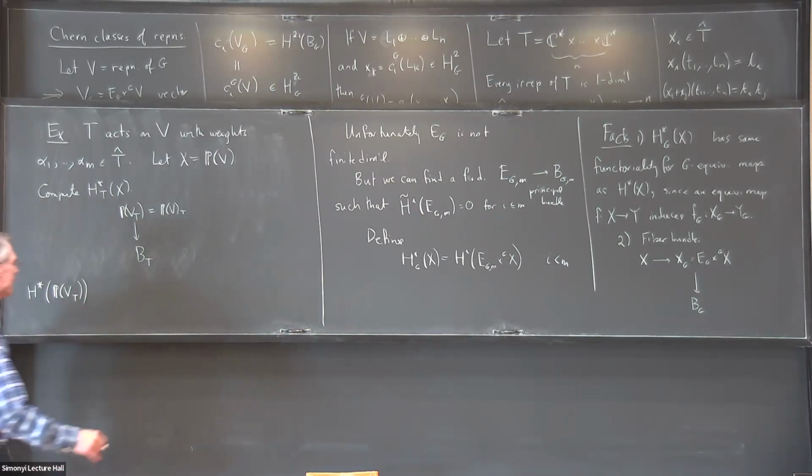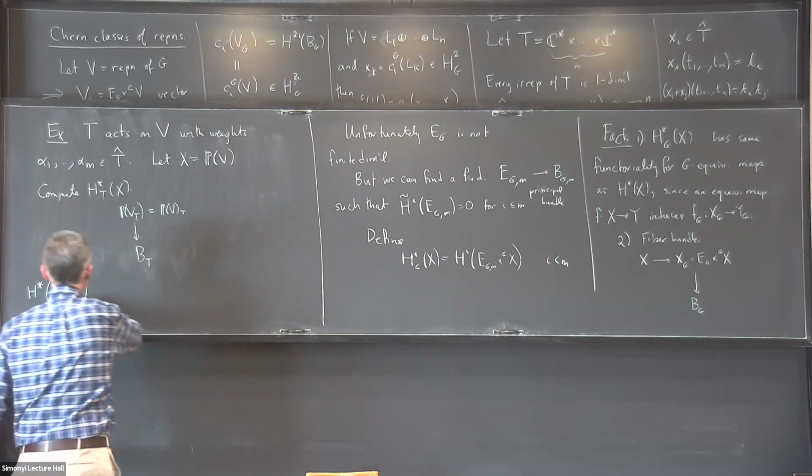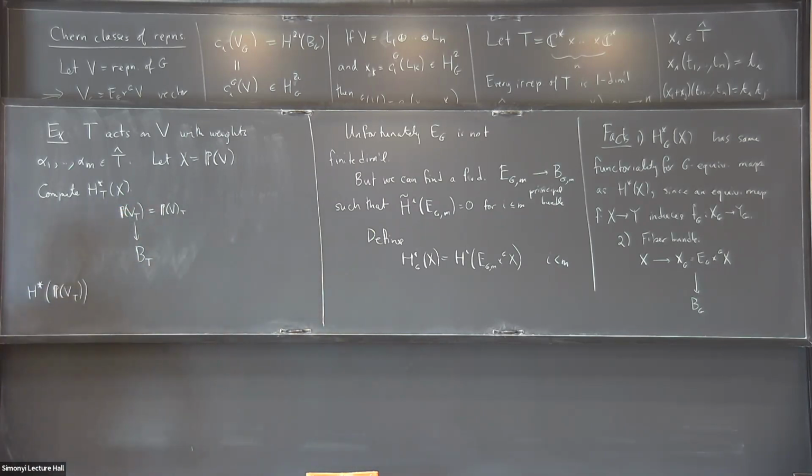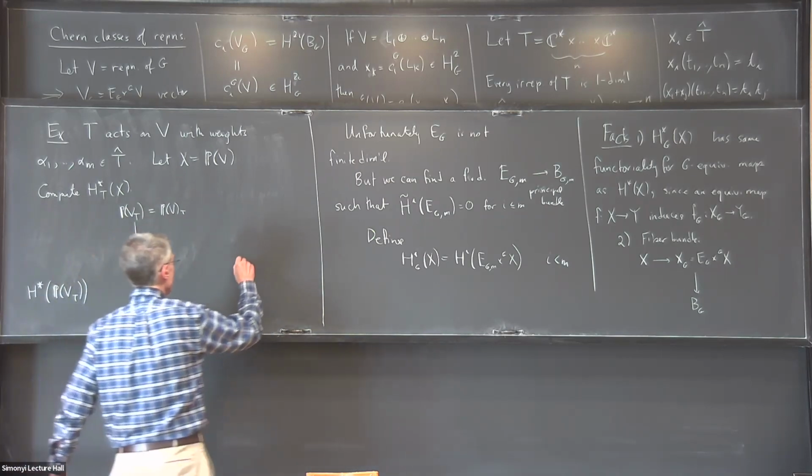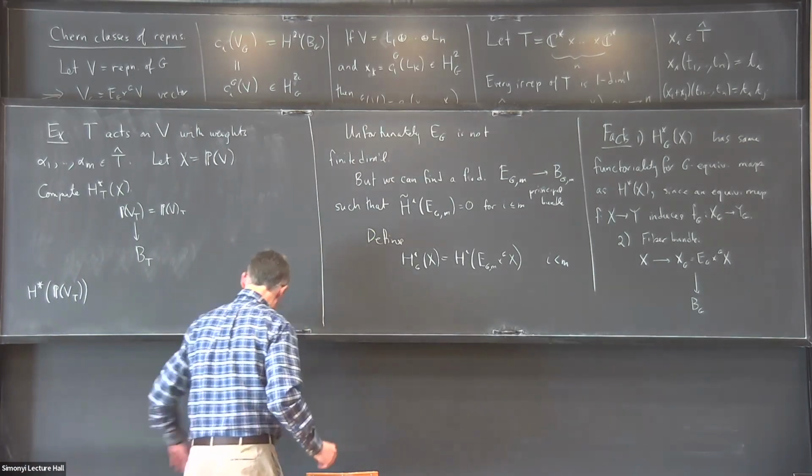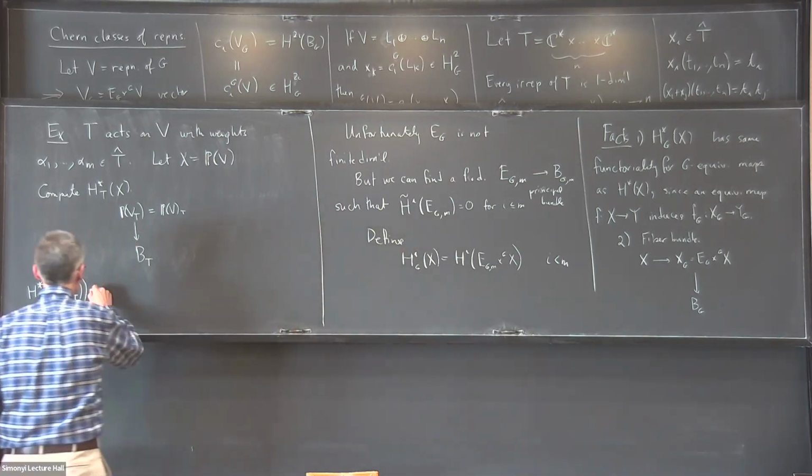Now there's a general fact about this projective bundle, and this general fact about the cohomology of projective bundles is the following. I'll just write it down in this example.